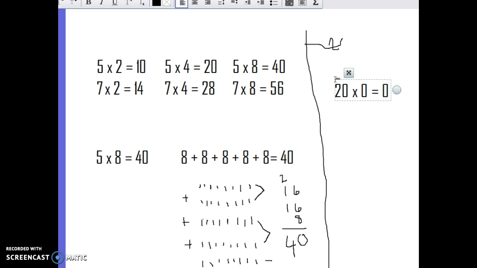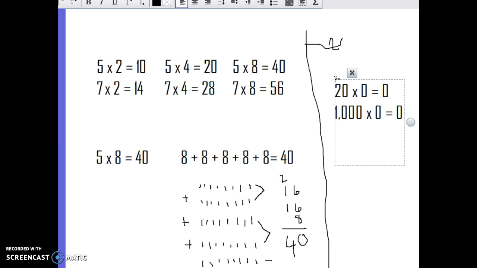So no matter what crazy number you make up, times 0, the answer is always 0, no matter what. So if I do 1,000 times 0, I'm going to have 0, because I don't have any of them. The answer is 0 every single time. It's a fun rule to practice, and it just makes it fun, because then the answer doesn't change.